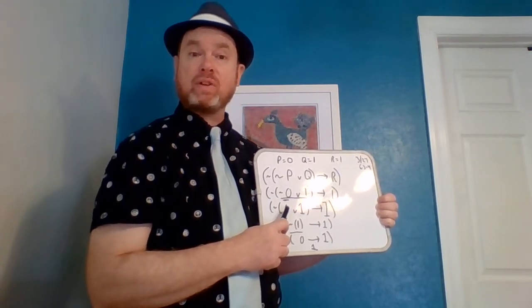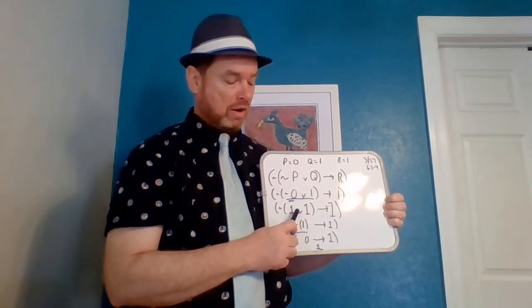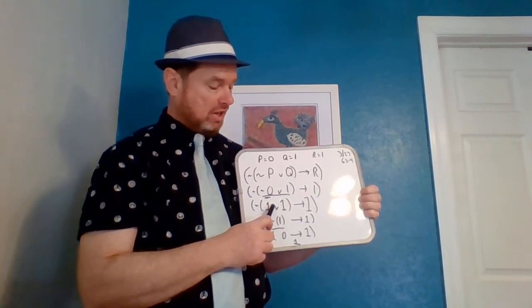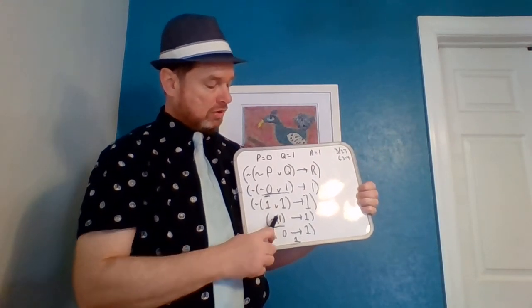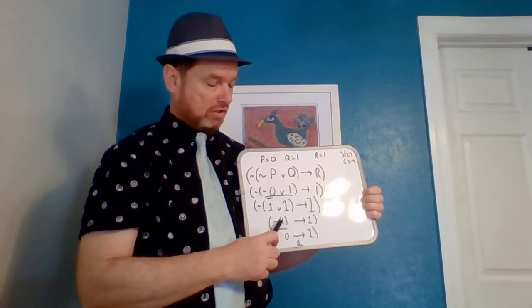Now we have to figure out the truth value for the 1 or 1, and as hopefully you've figured out by now, if an OR is true on either or both sides, the OR is true. So we put a 1 in place of that OR statement.